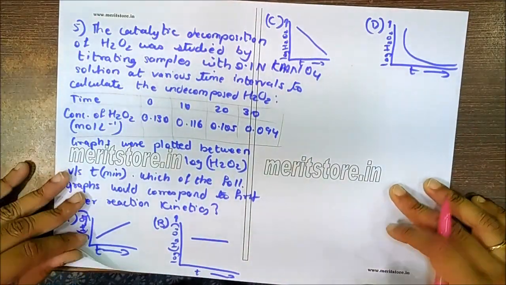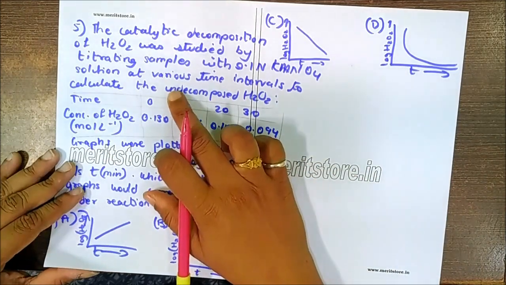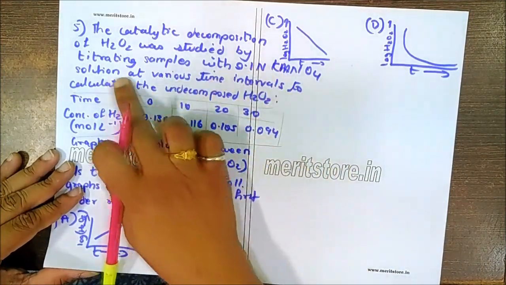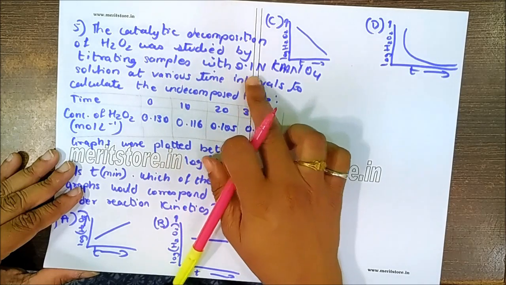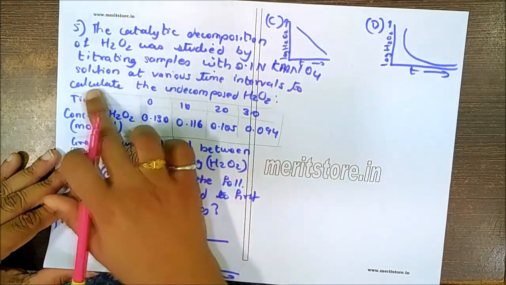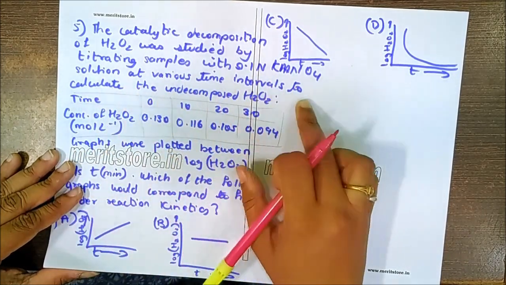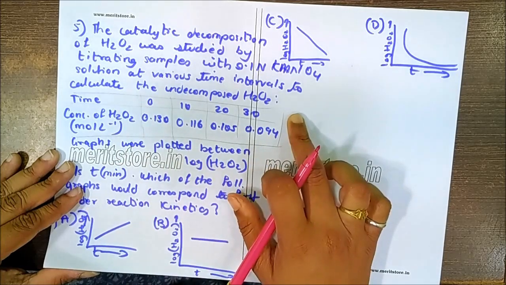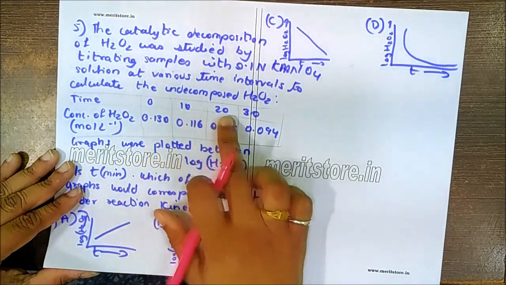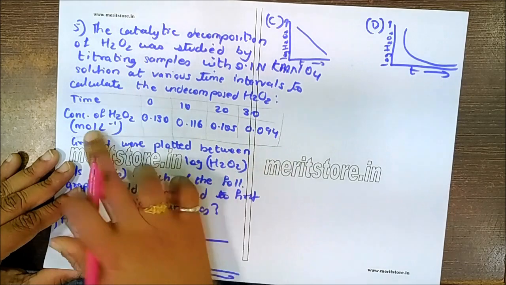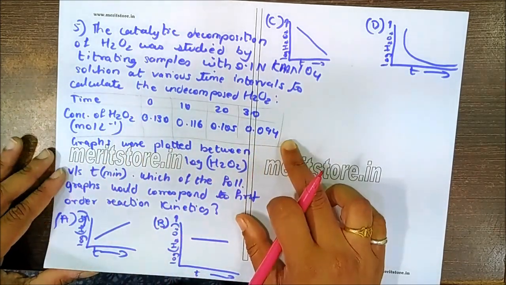The catalytic decomposition of H2O2 was studied, titrating the sample with 0.1 normal KMnO4 solution at various time intervals. You can see as the time increases, the concentration of H2O2 is found to decrease.